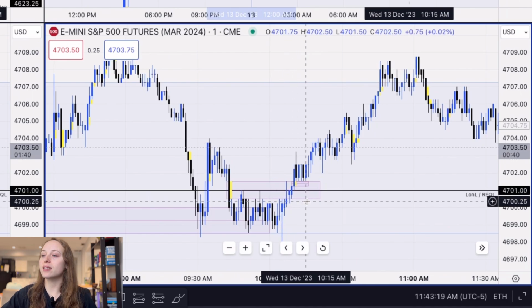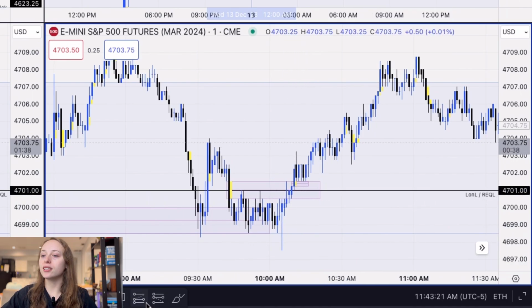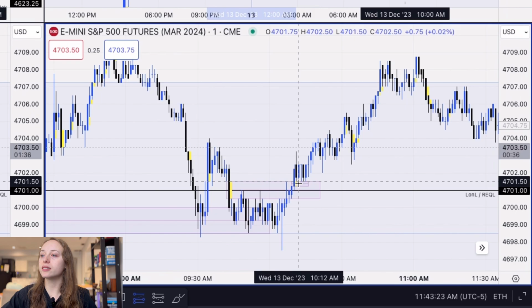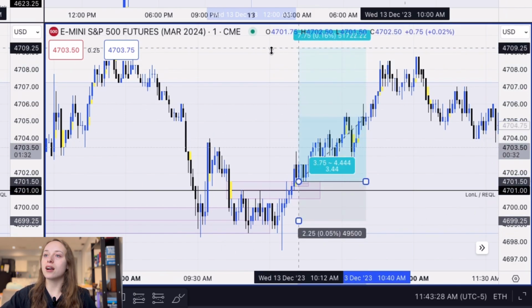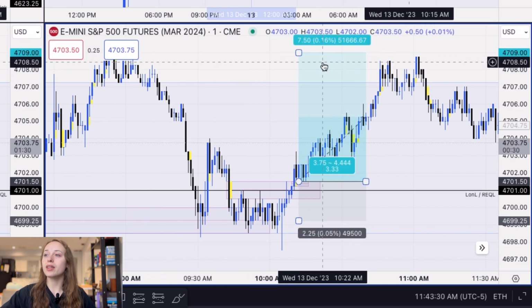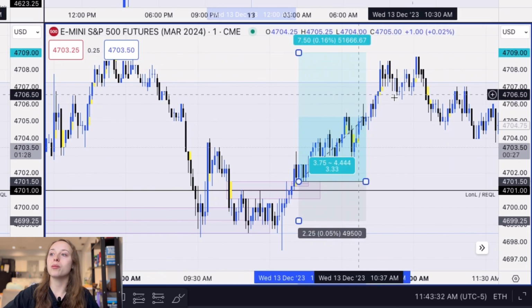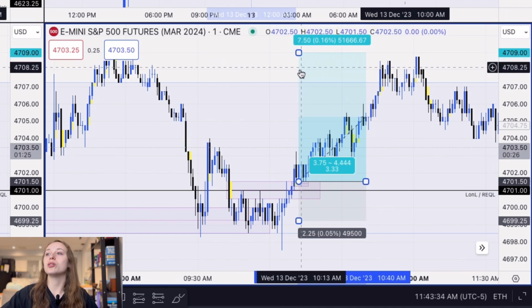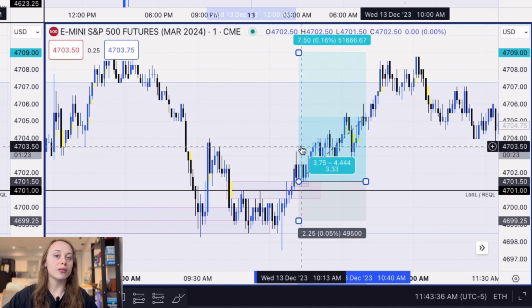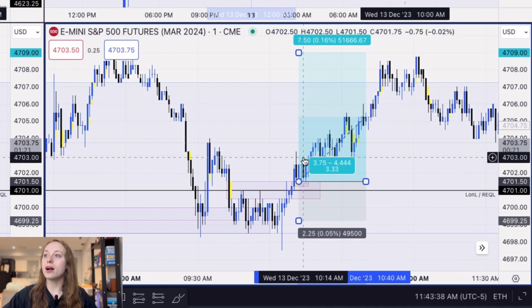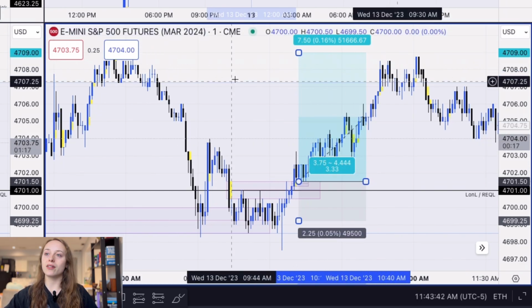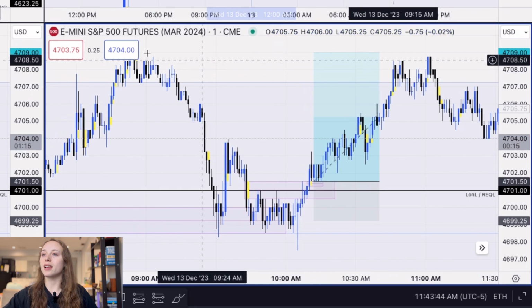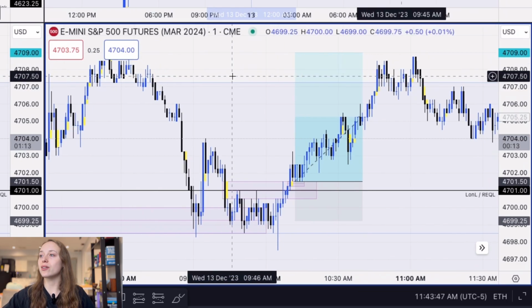Again, I did like the setup, but I didn't like that we had FOMC in the afternoon, and if my target was these highs right here, it's only a 7.5 point run. Yes, ultimately I'm targeting those weekly relative equal highs, but for our easy low-hanging fruit, it would have been this high right here, and we have still yet to reach it.